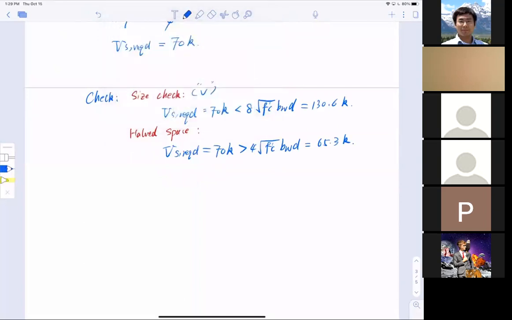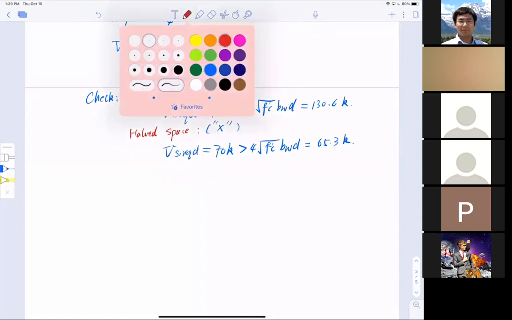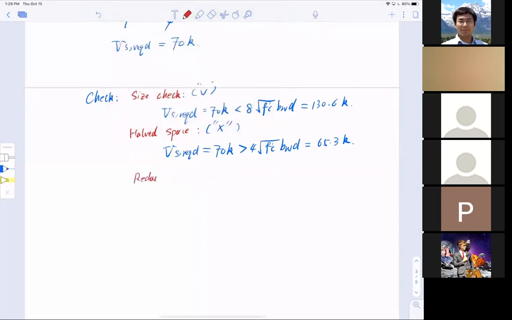This means it's not going to work. That means reduce the spacing by half, by 50%.